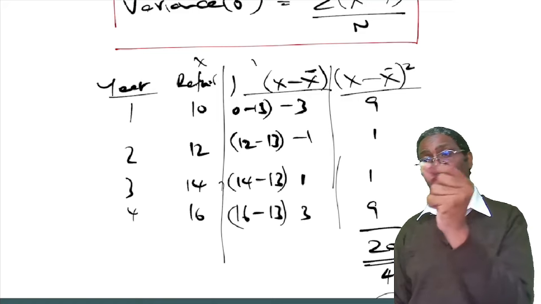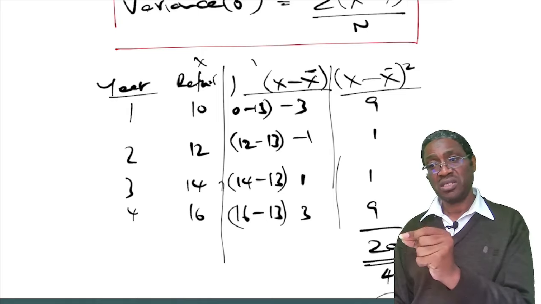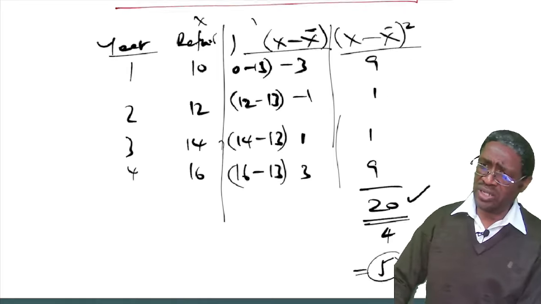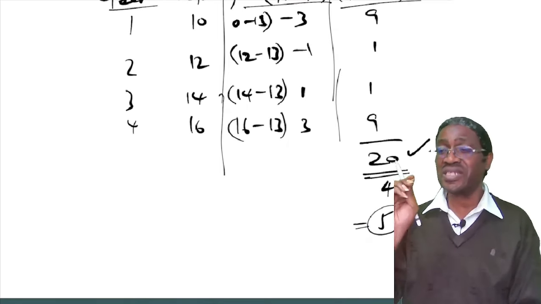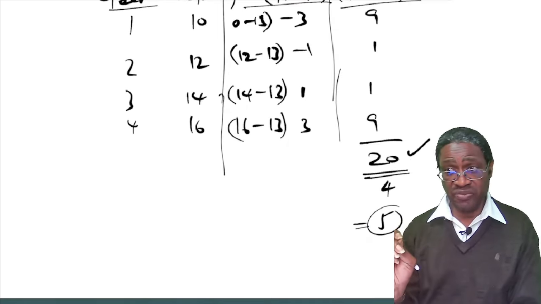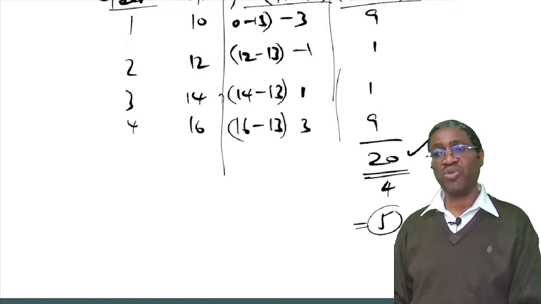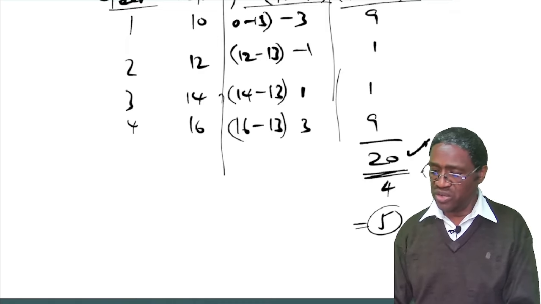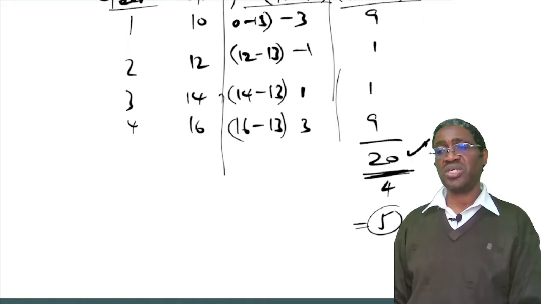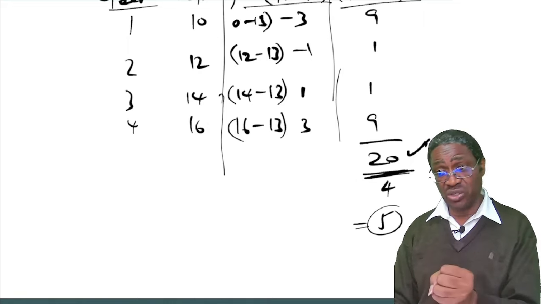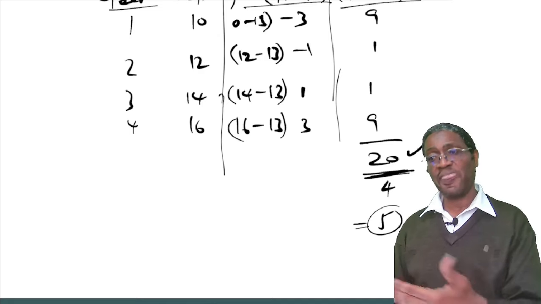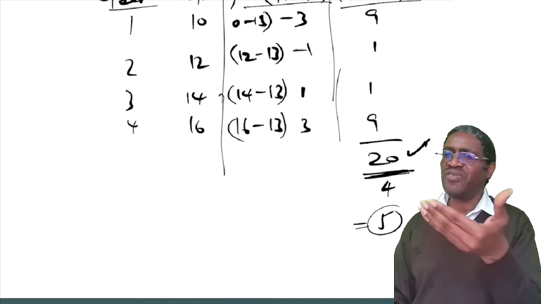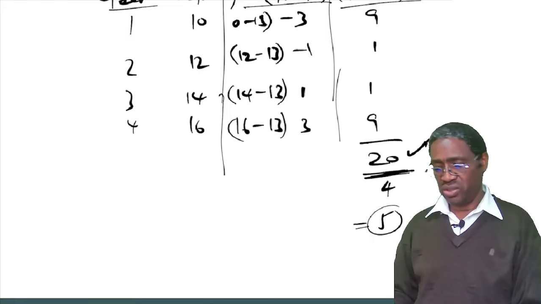Then you get the sum of those squared deviations, and you divide that by n, our number of observations, which is 4 years.